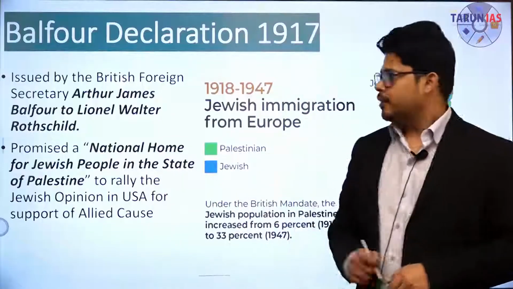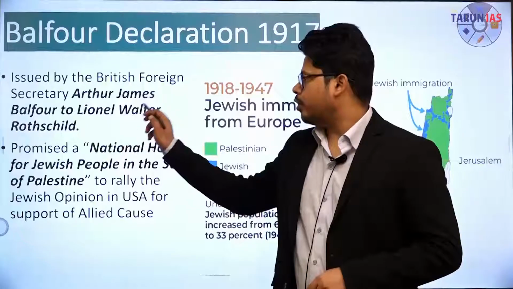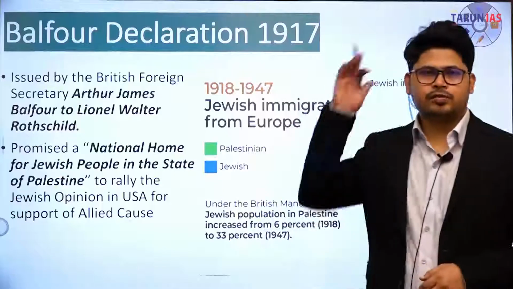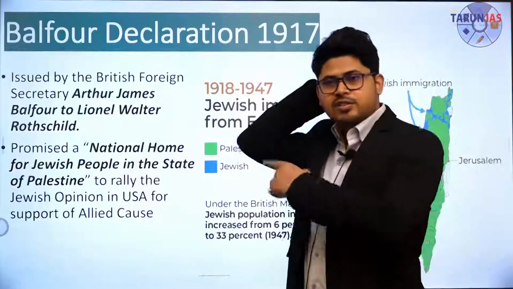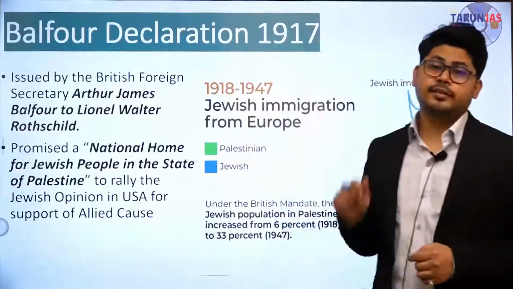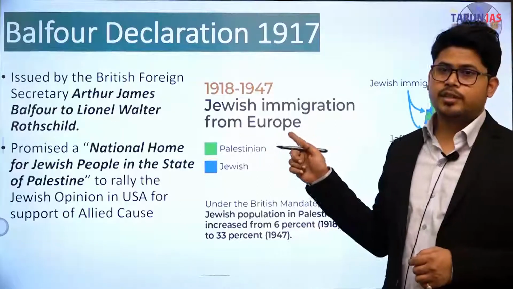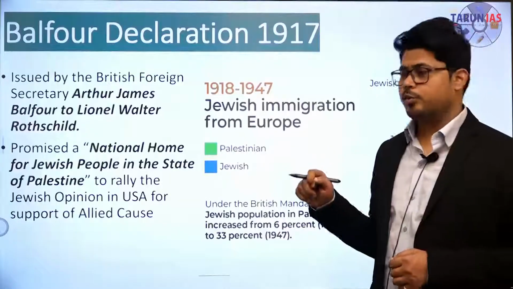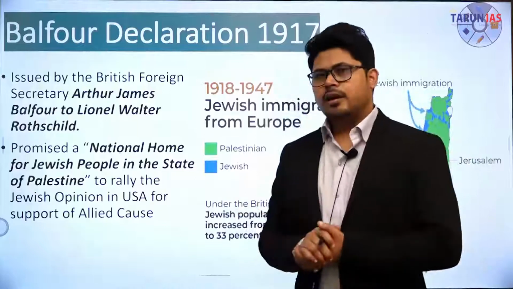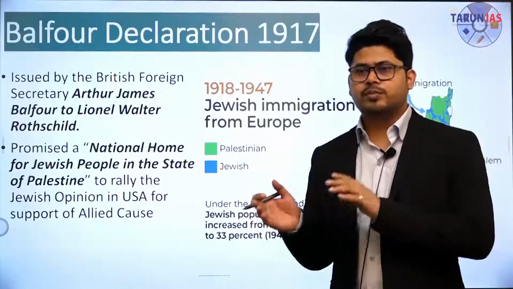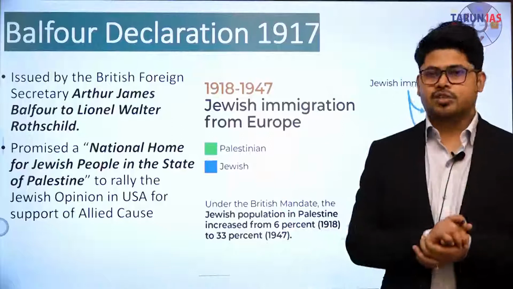As I said, this gentleman, Lionel Walter Rothschild, was the biggest banker of Europe at that time, and he personally funded $50 million at that time. He put his own wealth to the tune of $50 million for the promotion of reverse migration from Europe to Palestine. ठीक है.